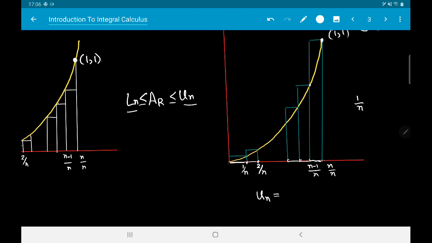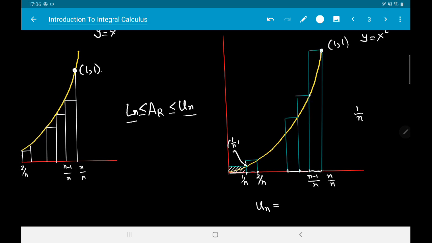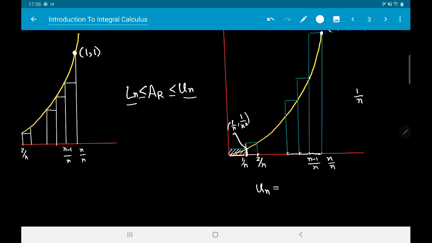So what I have to do now is look at the first big rectangle. The x coordinate of this point is 1 by n. The point lies on the graph of the function y equal to x square, so the y coordinate is going to be 1 by n square, and consequently the height of the first rectangle is 1 by n square.